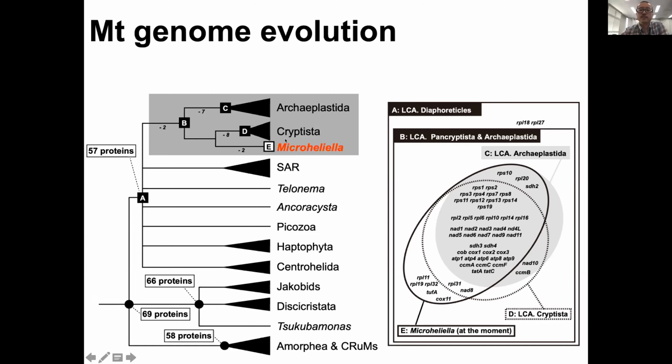Of course, I don't know why Microheliella is keen to keep many genes in its mitochondrial genome, but this information is very useful to understand the ancestral state of the mitochondrial genome of Diaphoretickes. So only 4 genes moved to the nuclear genome from the mitochondrial genome in Microheliella.